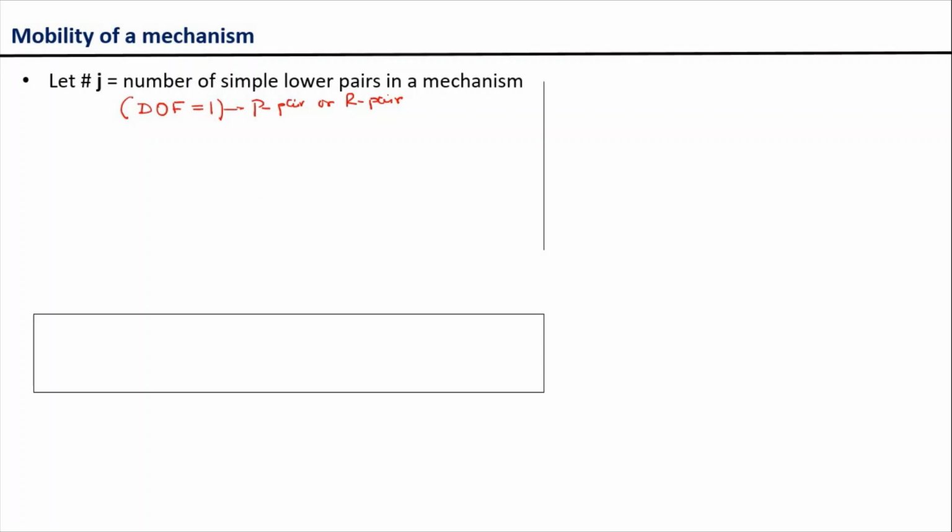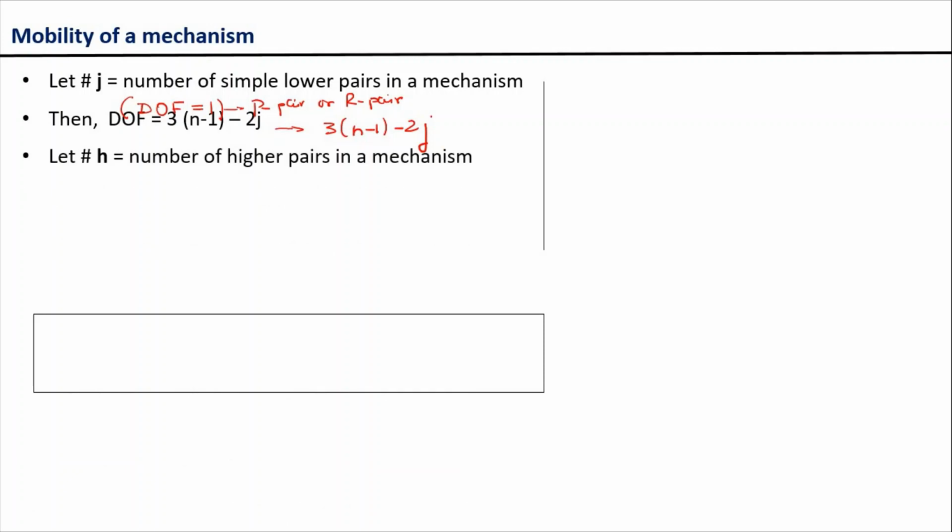Since j is the total number of simple lower pairs in the mechanism and each lower pair restricts 2 degrees of freedom, the resultant degree of freedom will simply become equal to 3(n minus 1) minus 2j.